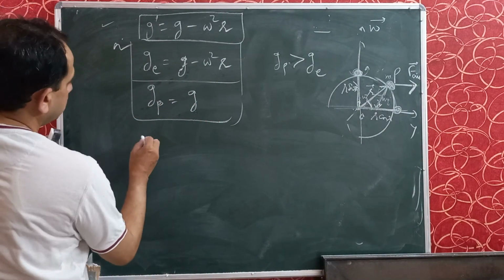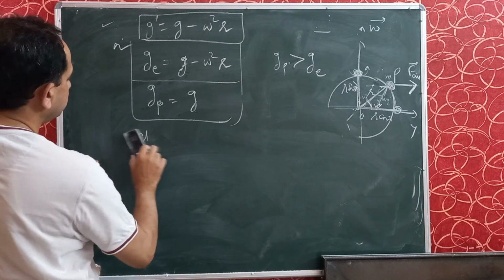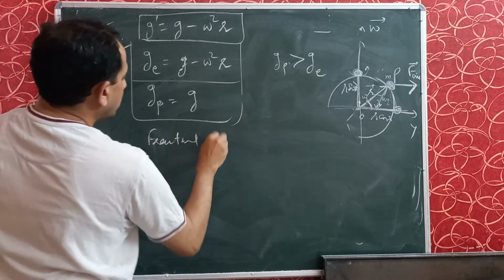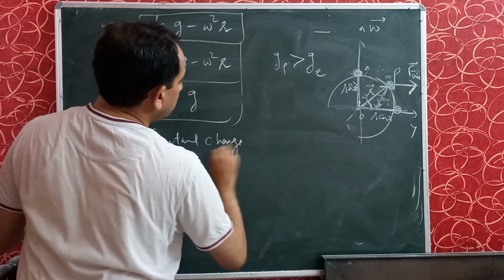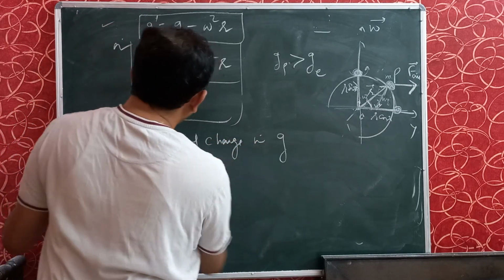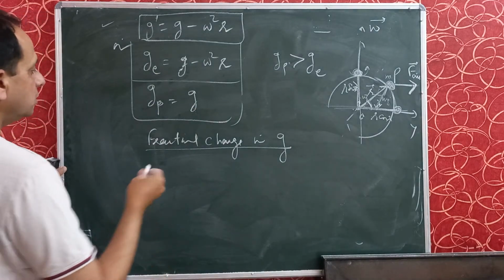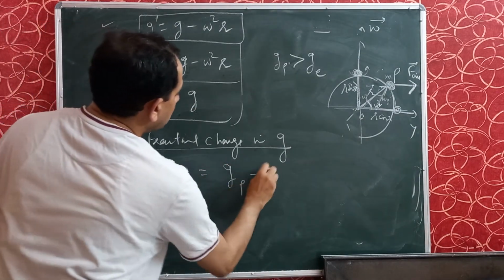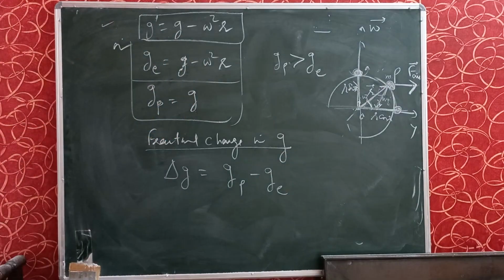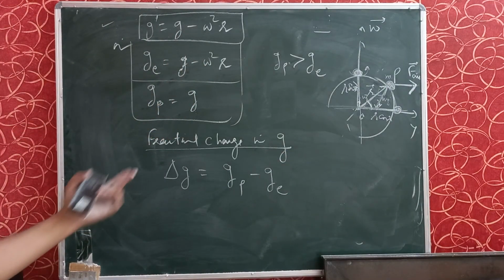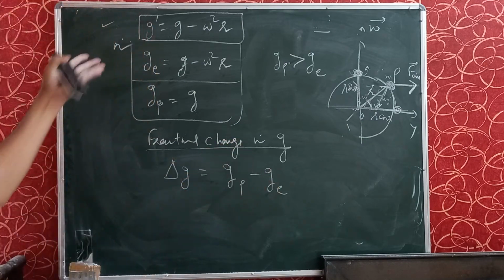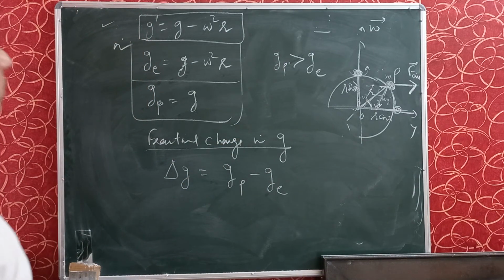Now we see the fractional change in the value of g. What is delta g? It is GP minus GE. Gravity at the pole is more and gravity at the equator is less, therefore the difference in gravity at the pole and equator is called the change in gravity.